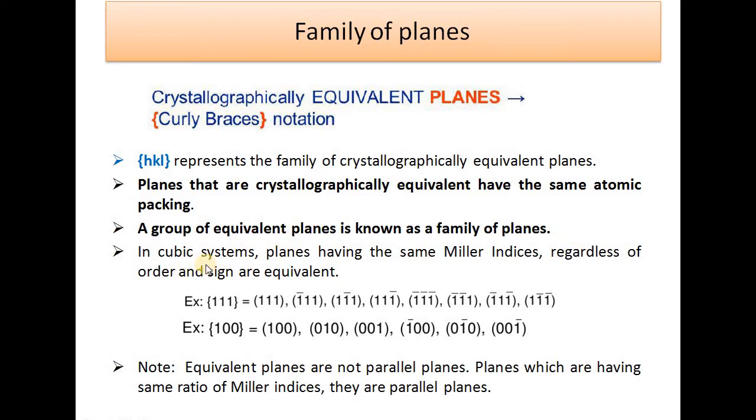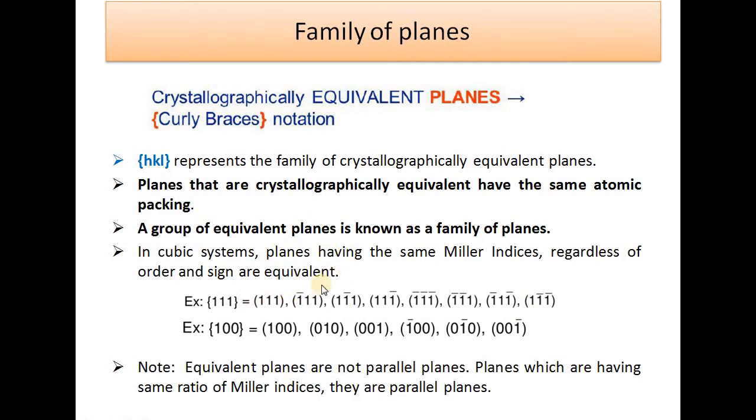For example, in a cubic system, the planes having the same Miller indices, regardless of the order and sign, will all be equivalent. What does it mean?